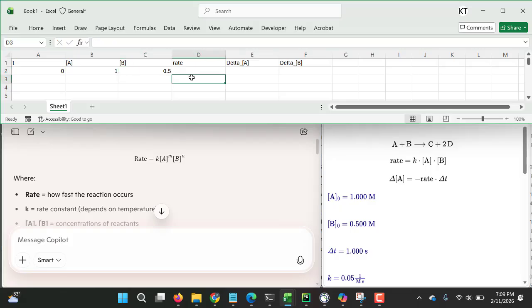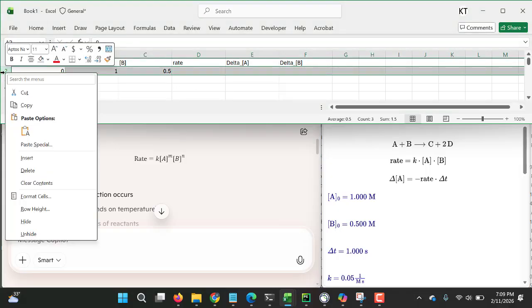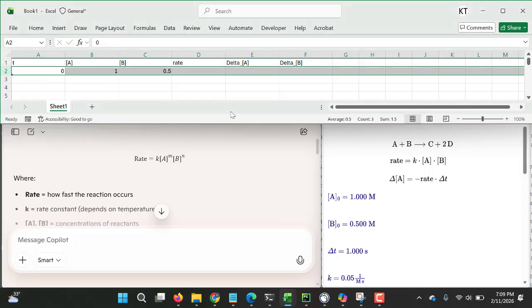And here's our rate. Oh, we don't know the rate. We have to calculate this. Okay. So I'm going to stop right here because it's beeping.